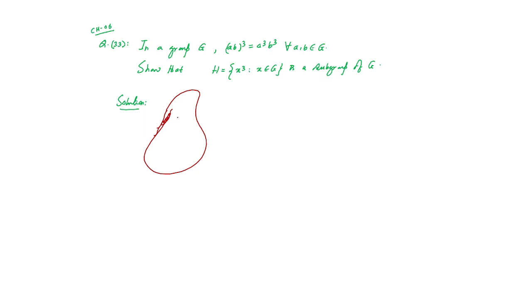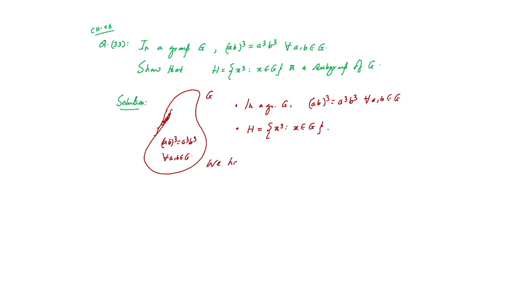G is a group, and (ab) whole cube equals a cube b cube holds for all a, b belongs to G. It is also given the set H, which contains all the elements of the pattern x cube, where x is an element of G. Now what do we have to show?